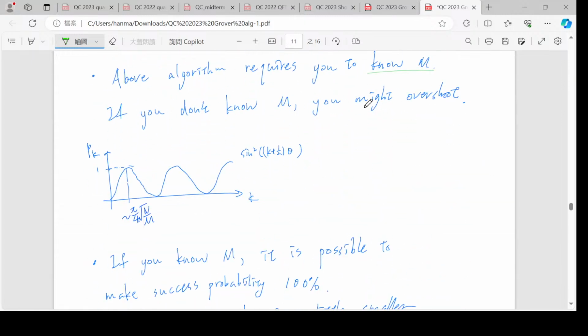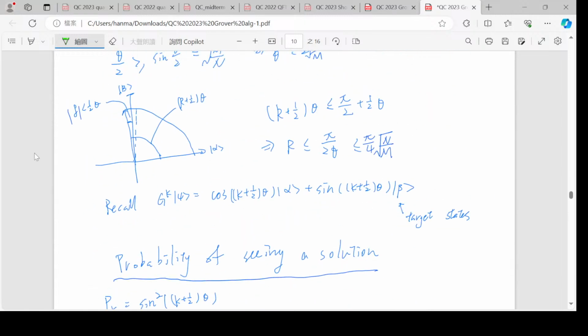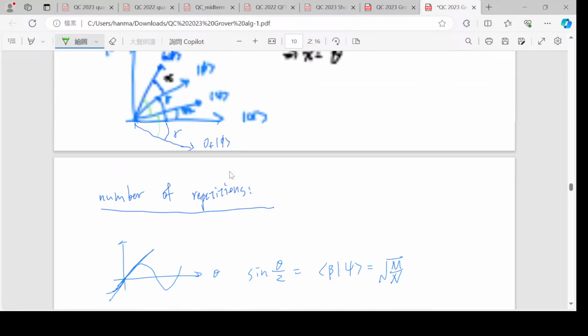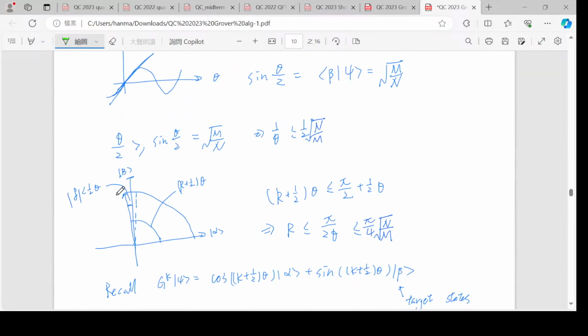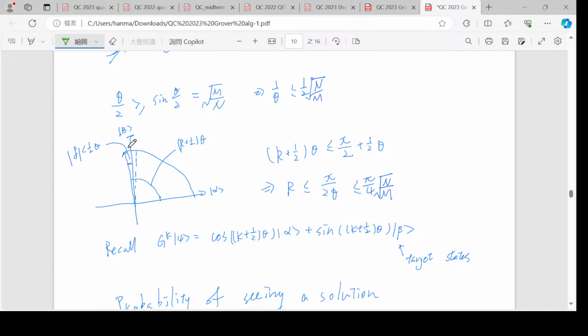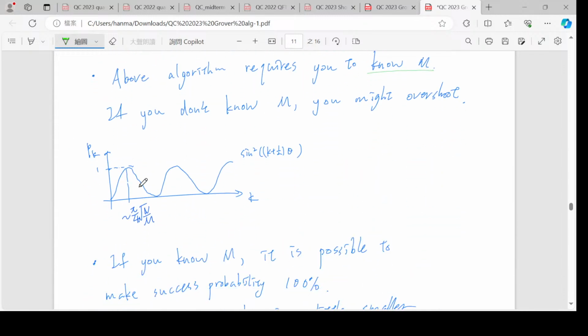And if you don't know m, then you just keep running Grover iterations, and you might overshoot, because we know our algorithm will rotate around this plane, and only go up to this pi over 2, but you can imagine if you keep going, then you will just run around this circle, etc. If you run around this circle, you will have the highest success probability here, then the success probability will get lower, etc. You go up and down, and the success probability is like this. It's sine square of the total angle, and the sine square function looks like this. It's between 0 and 1.